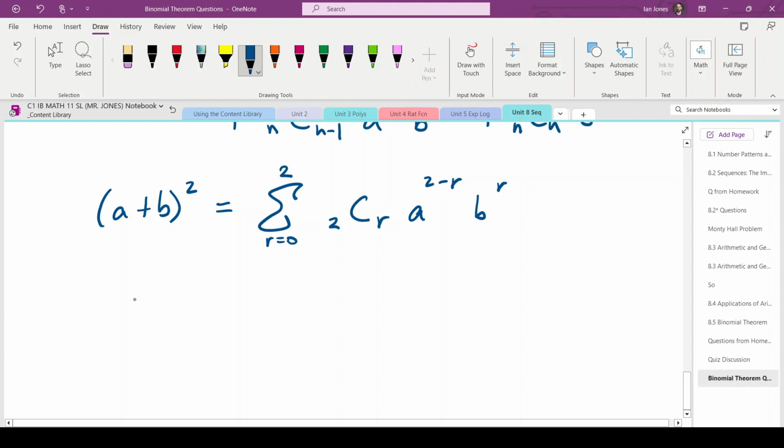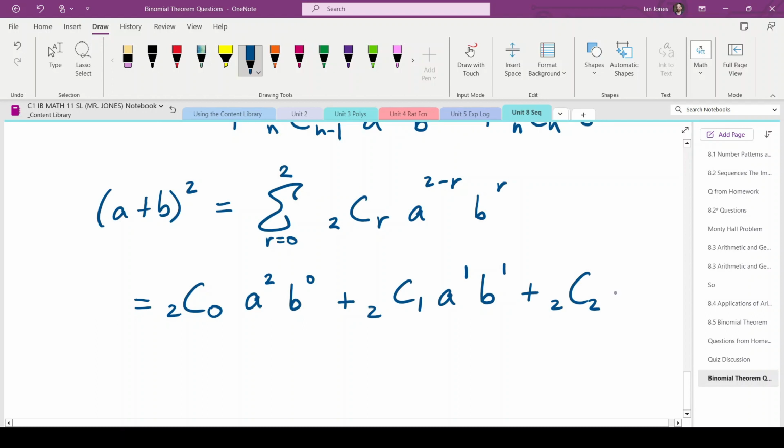Okay, so this is equal to 2 choose 0 a squared, because I'm subtracting 2 minus 0, b to the 0, plus 2 choose 1 a to the 1, because now that r is 1, I have 2 minus 1 is 1, b to the 1, plus 2 choose 2 a to the 0 b squared. Because now that I'm on this last term, when r equals 2, I plug in a 2. 2 minus 2 is 0, and my r is 2 there on the b term.